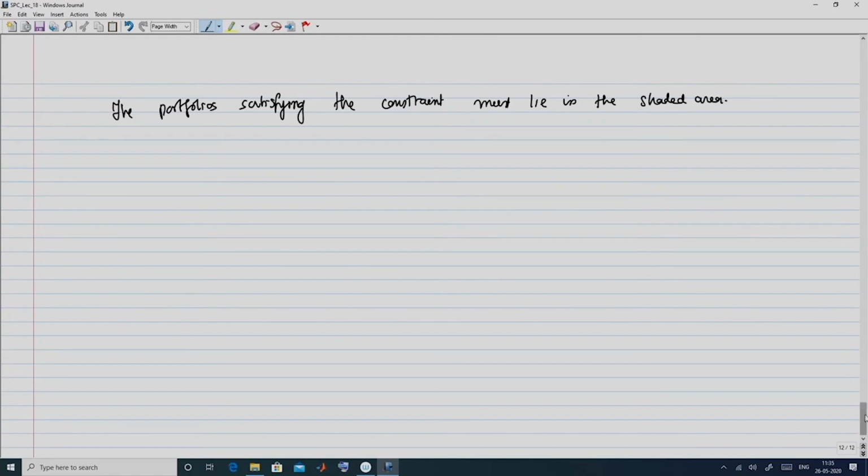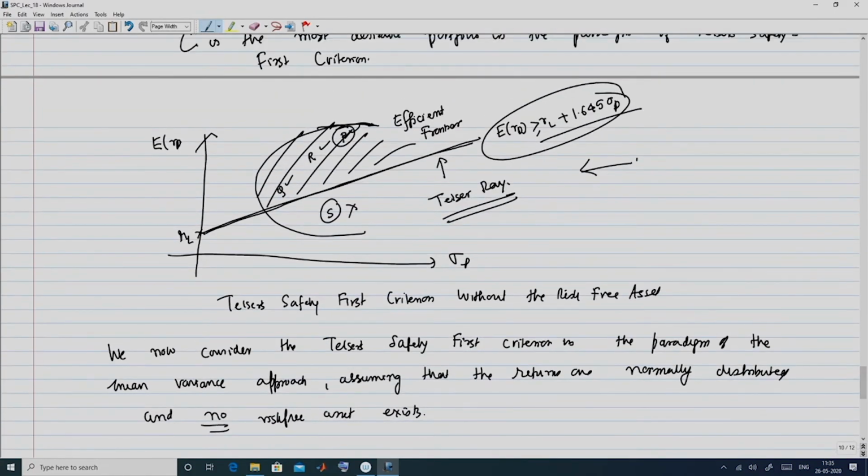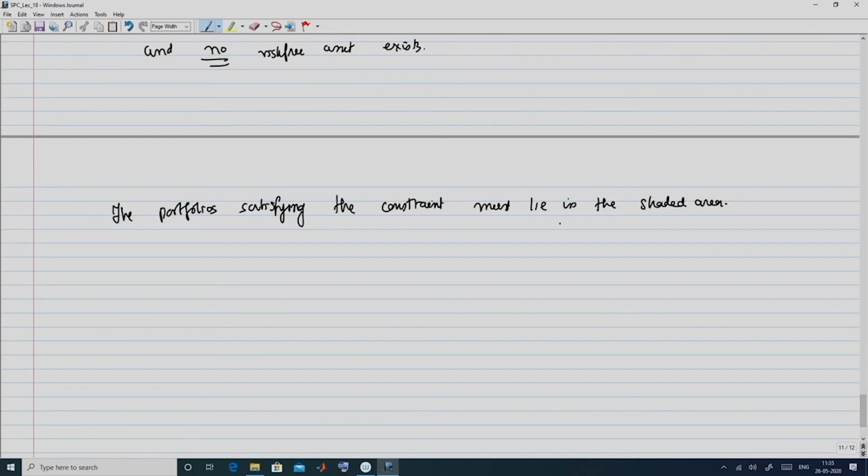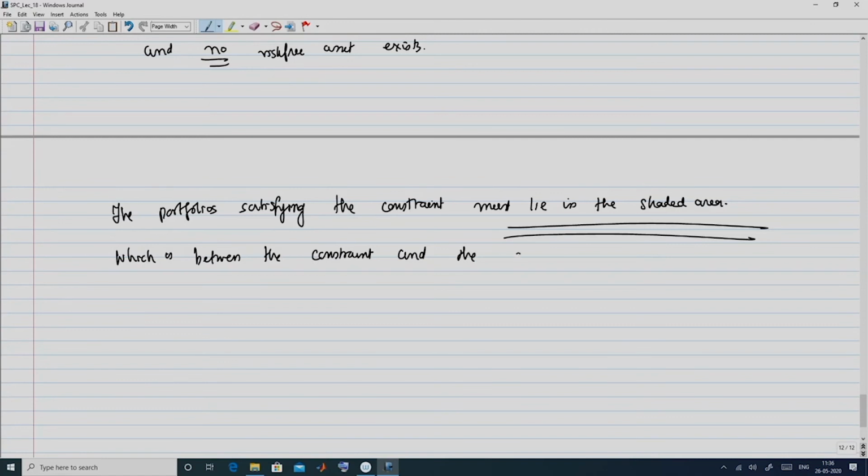The reason I say that is because this entire area gives the opportunity set or feasible set, and amongst those you can only choose the ones that lie above this Telser ray. So, you can only consider those lying in the shaded area, which is between the constraint and the opportunity set.